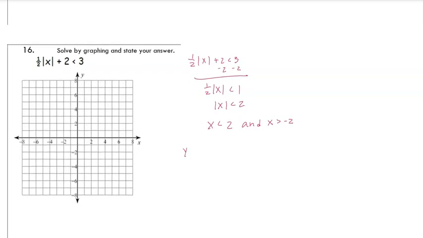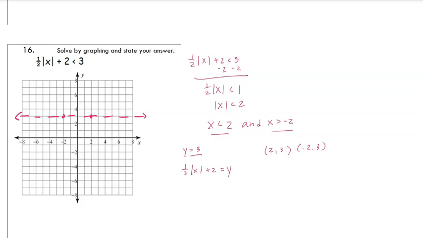And when I break it apart, y equals 3 and y equals 1/2 absolute value of x plus 2, you know that these areas are going to be of importance. So I'm going to look at 2, 3, and negative 2, 3. And where did I get the 3? Because when y is 3, right here. Okay. And then 2, 3, right here.